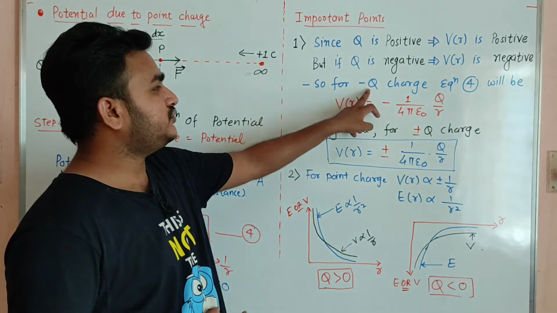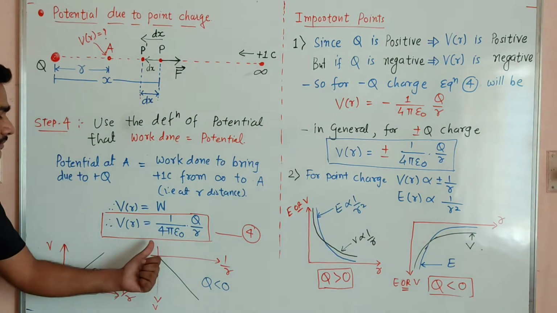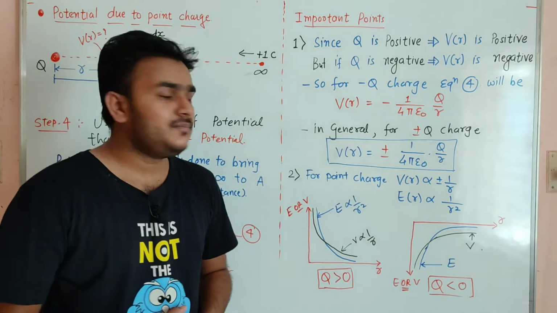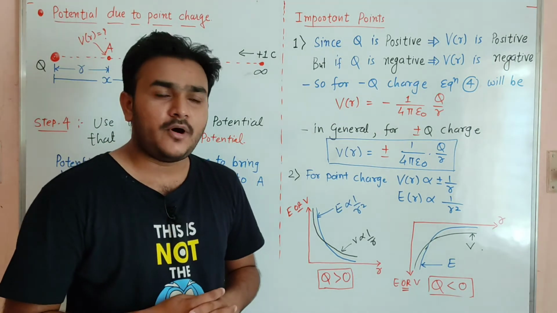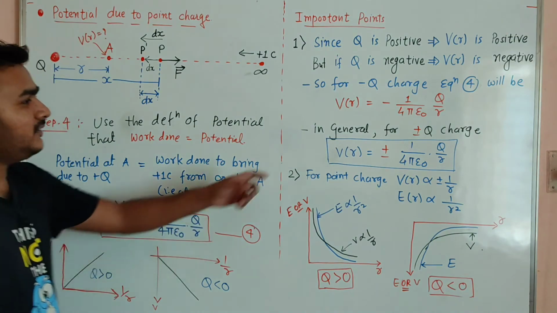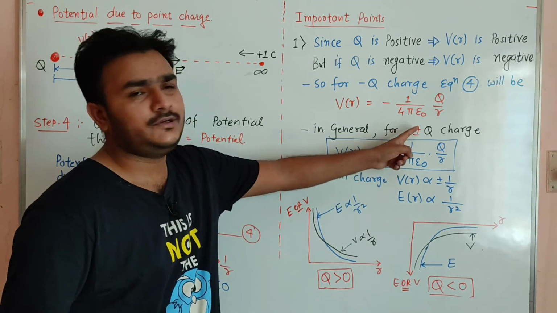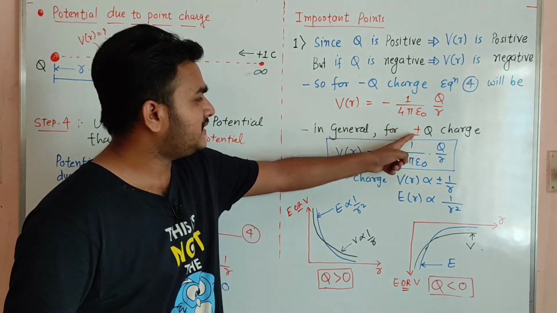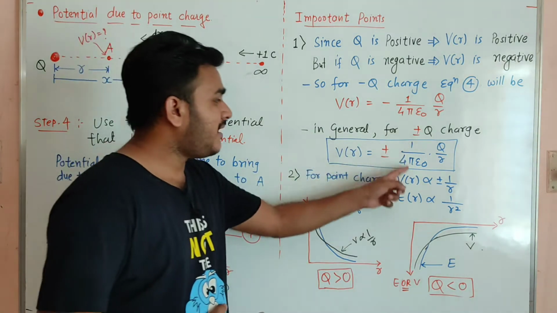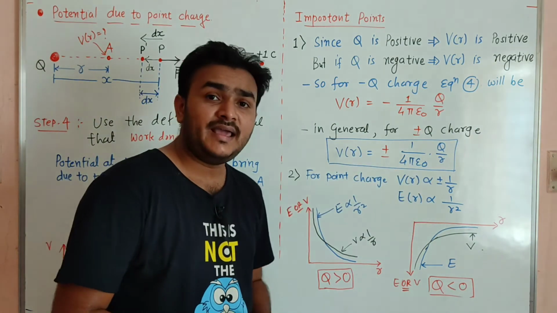So for minus Q charge, the same equation number 4 will be rewritten as V of R is equal to minus 1 by 4 pi epsilon 0 Q upon R. That means that in general, equation 4 for the plus charge or minus charge, together with the sign plus or minus, can be written as V of R is equal to plus or minus 1 by 4 pi epsilon 0 Q by R.